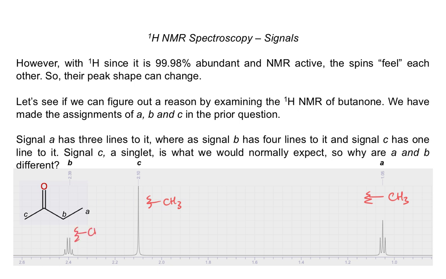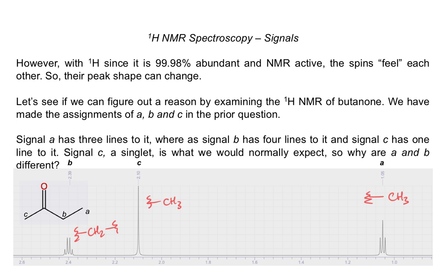And then B is a CH2 group. So this spectrum alone blows out of the water that you can't memorize. Like a CH3 group is always going to be a single line or 3 lines. A CH2 group is always going to be 4 lines. The number of lines is always determined by the neighbors.